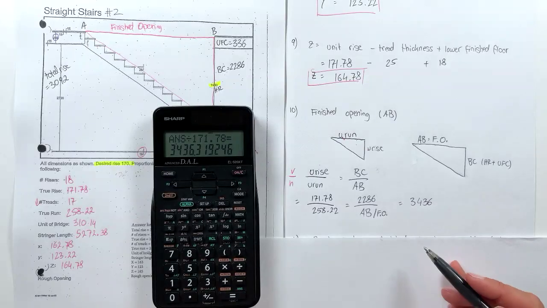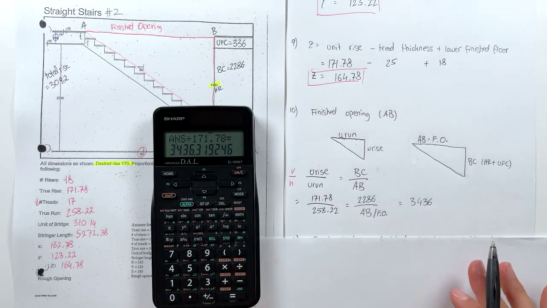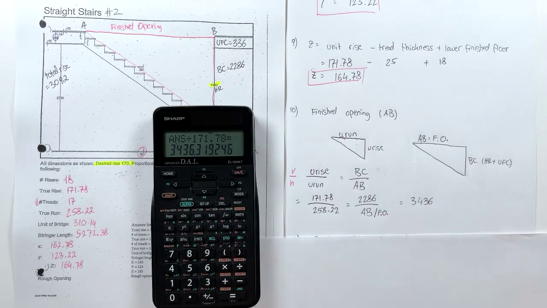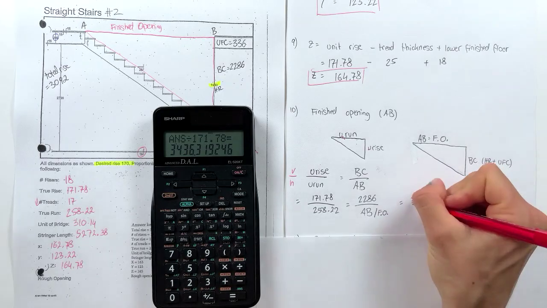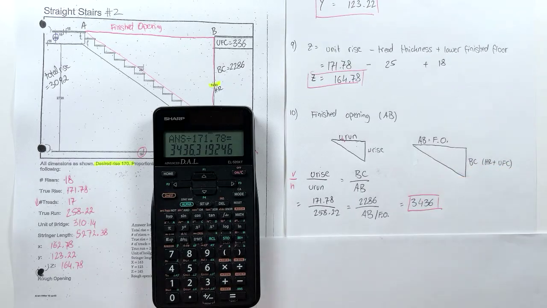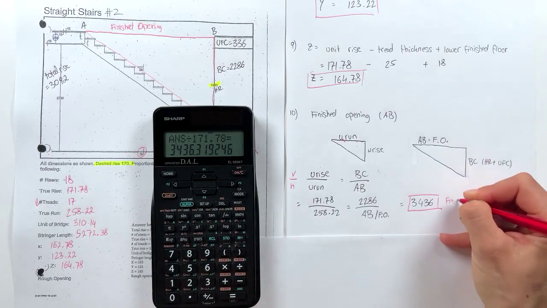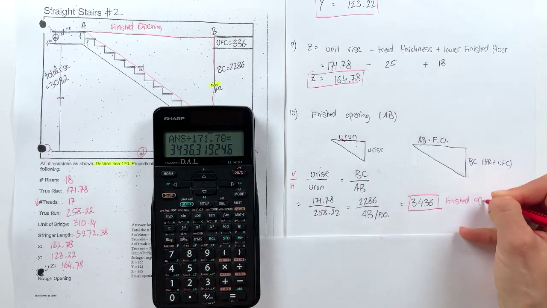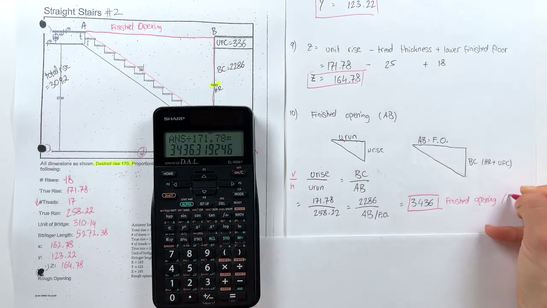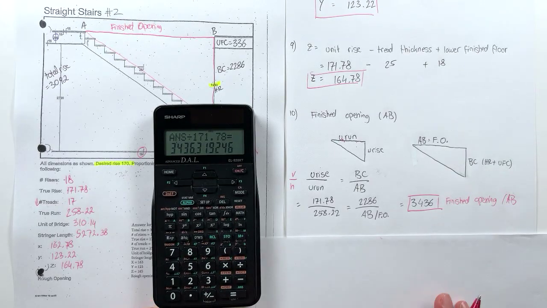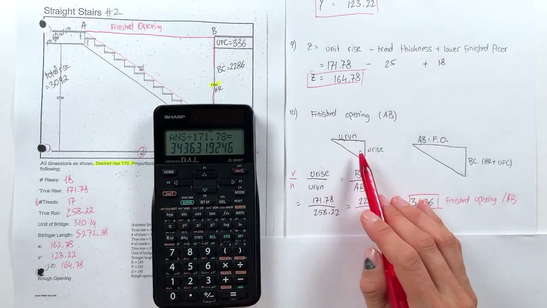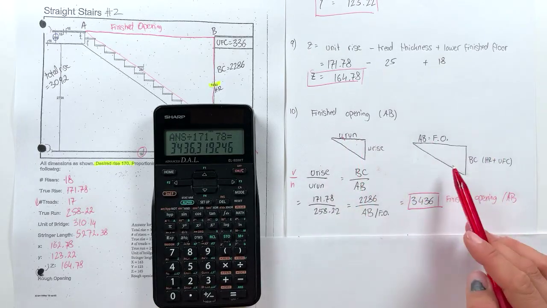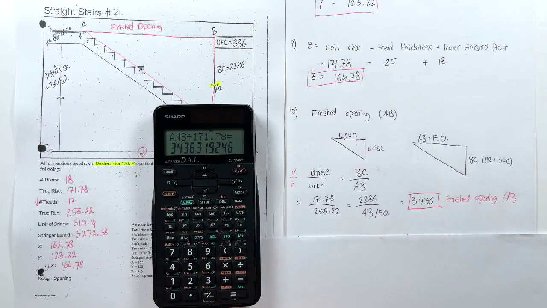It's fine if we're half a mil above or below. It's not going to be that different. Okay, so this is our finished opening, or AB. Yeah, so we're just comparing our small unit rise and unit run triangle to our big BC to AB triangle.